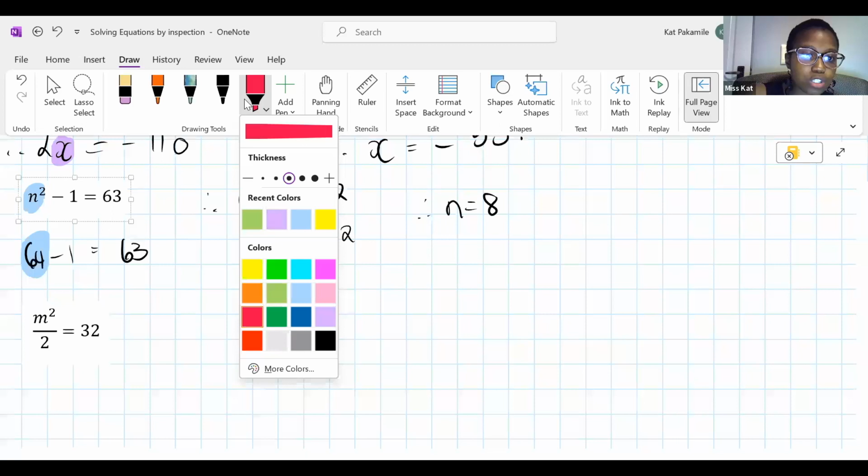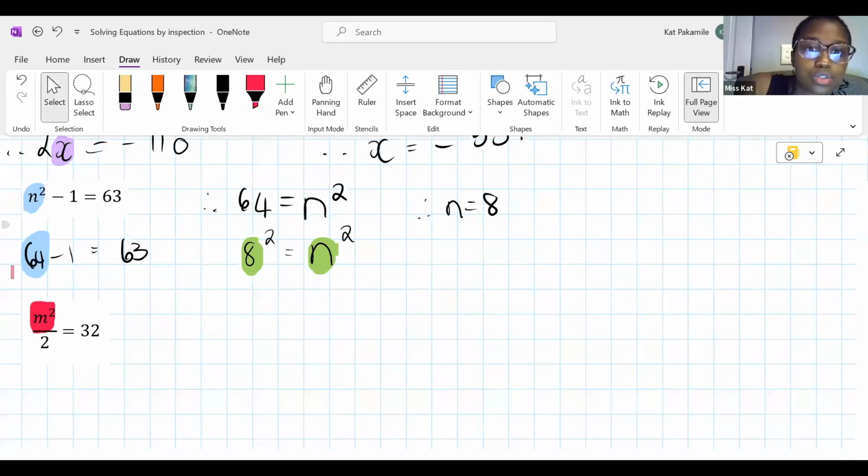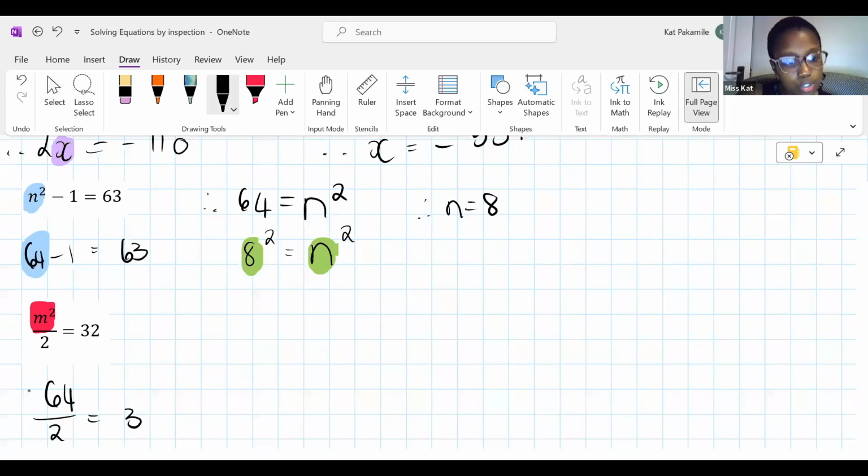So the first layer is what divided by 2 is equal to 32. 64. I see so many answers there. I am so concerned. 64, right, guys? 64 divided by 2 will give you 32. Therefore, 64 is equal to what?